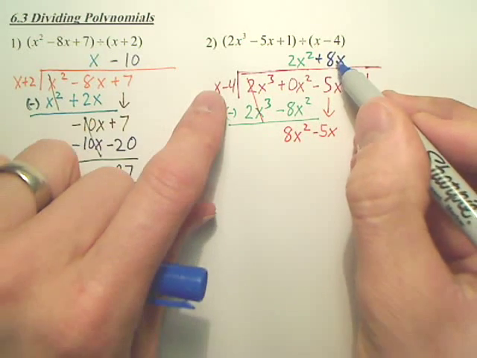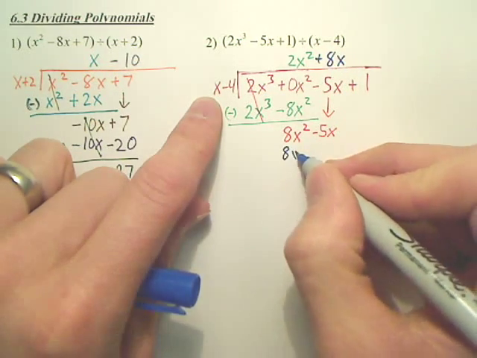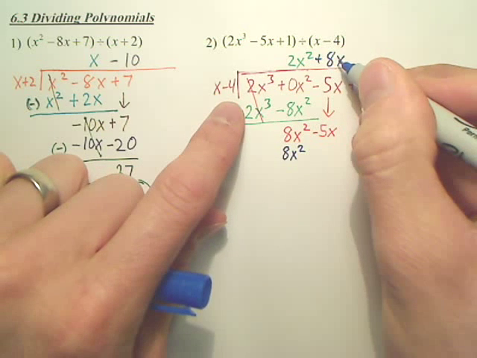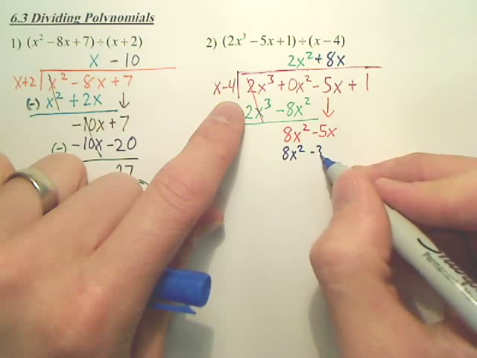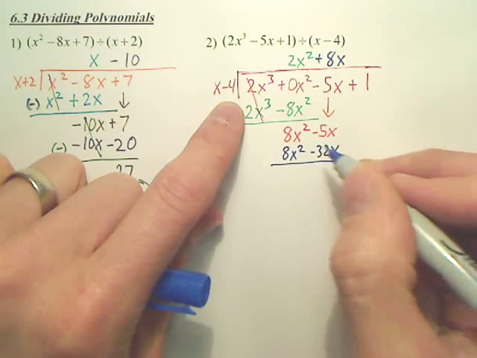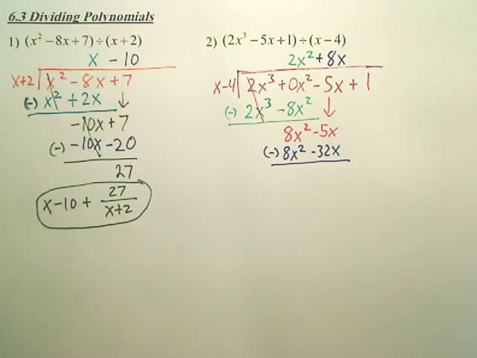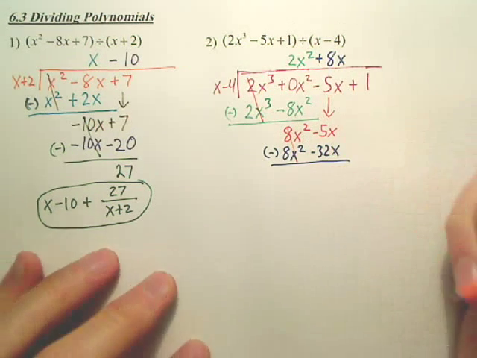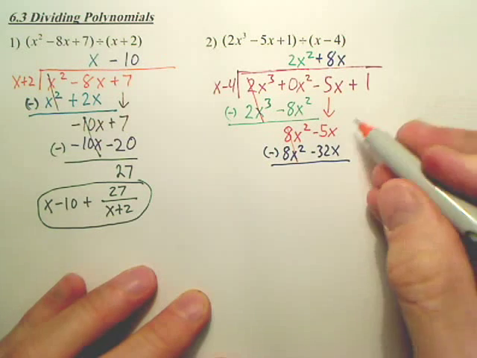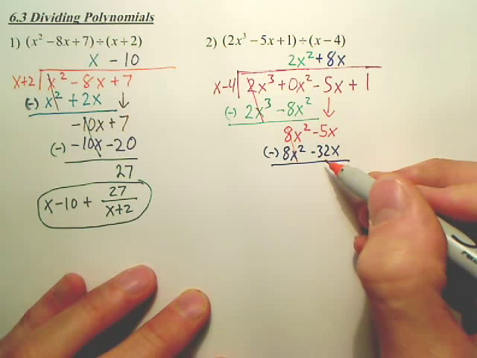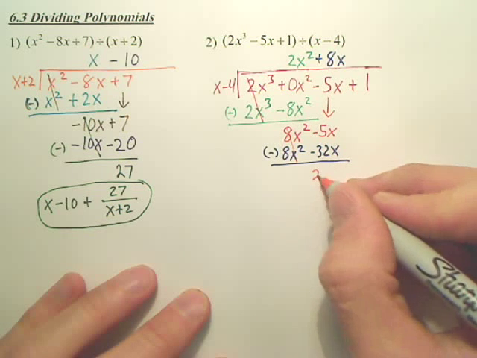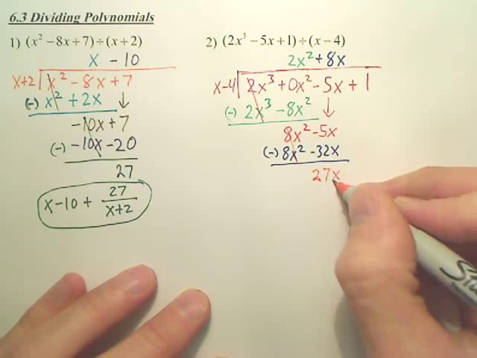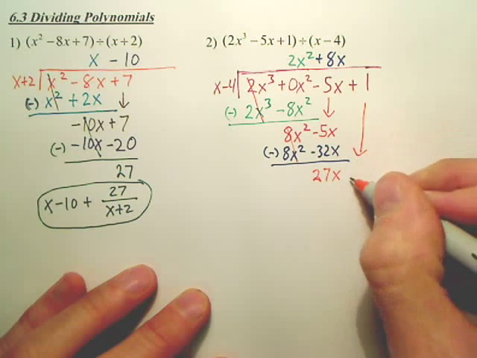So 8x times x, is that 8x squared? 8x times negative 4 is negative 32x. And we're going to subtract down. Those canceling. Negative 5 minus a negative 32 will be positive what? 27x. Bring down your 1.